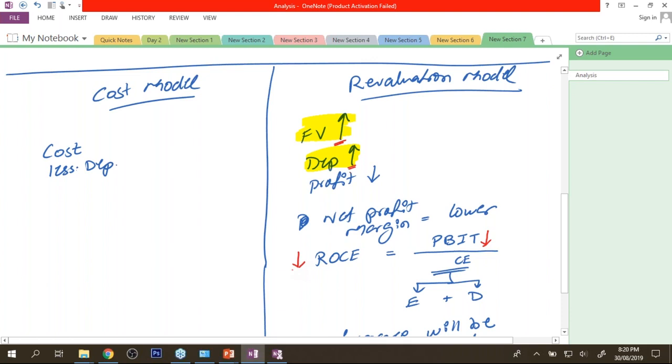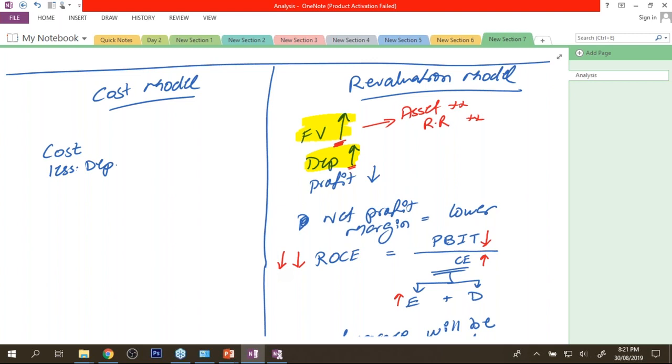Plus, the revaluation gain will be recorded as asset debit and revaluation reserve credit. So that will increase the equity, and it will also increase the capital employed. So increasing the denominator will again decrease the ROCE. So ROCE will be negatively affected twice. One, because of the profit. Second, because of the capital employed. Is it clear, Nimra?